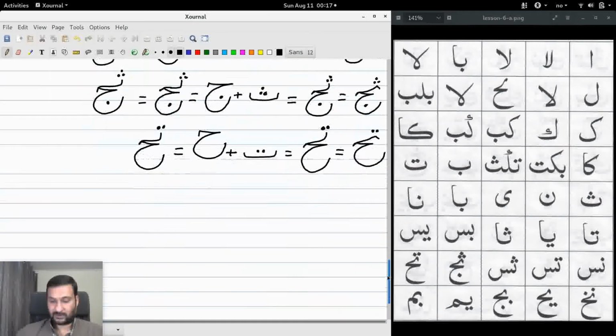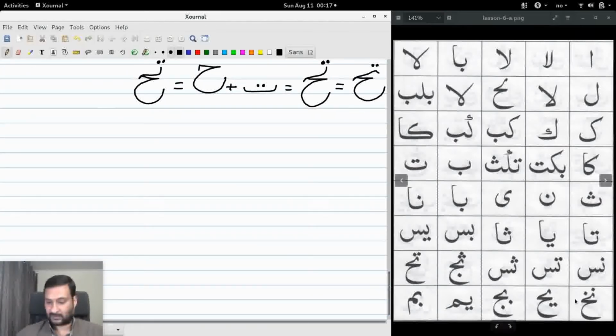Then comes noon, kha. Okay, so I'll just mimic what's there, a small little line, and then going down like this, noon, kha. And this is the case where the dots are very far apart.